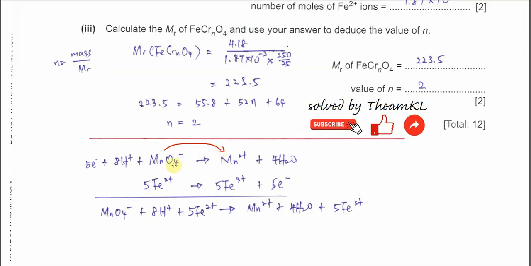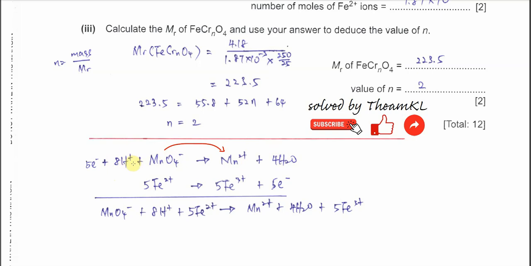So first we balance oxygen. On the right hand side we put the H2O. Because there are 4 oxygen here, we need to put 4 H2O. Then we need to balance the hydrogens by adding hydrogen ions on the left hand side. Here there are 8 hydrogen, so we need to put 8H plus.